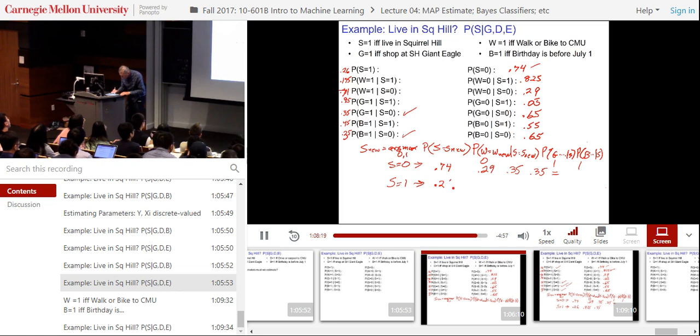Then the prior, of course, is 0.26, times the probability that W will be 0, given that S equals 1, that's right here, 0.825, times the probability that G will be 1, given that S equals 1, which is 0.45, times the probability that B will be 1, given that S equals 1.